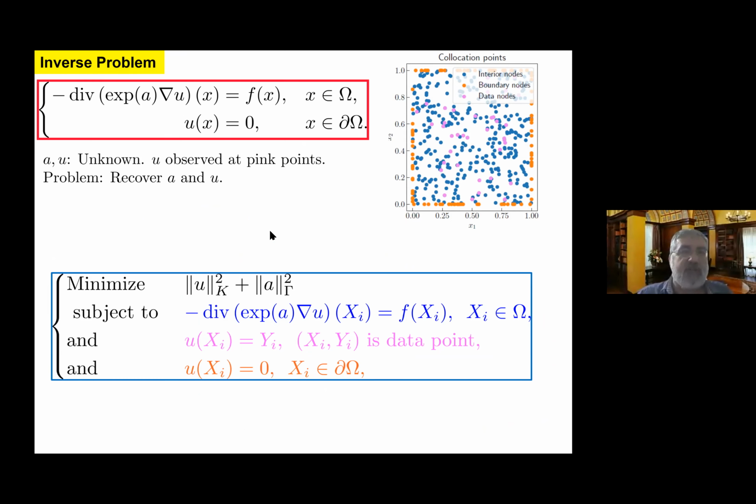The proposed generalization is to simply recover the solution and the coefficient of the PDE by minimizing the sum of the squares of the RKHS norms with respect to two possibly different kernels, subject to the PDE being satisfied at a finite number of collocation points on the boundary and in the interior, and also subject to our measurement of the value of the solution at the data measurement points.